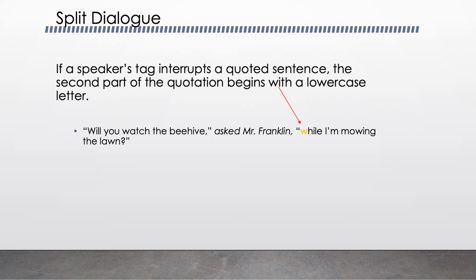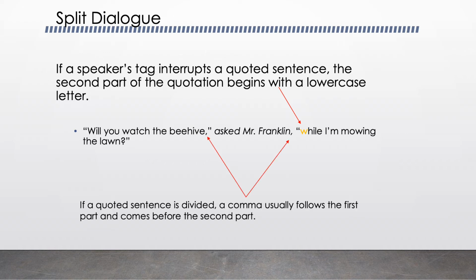So while has a lowercase w. When it's split into two, a comma usually follows the first part. So a comma comes after beehive, as you can see if you look at the arrow, and another comma comes after the speaker tag. So asked Mr. Franklin, comma.